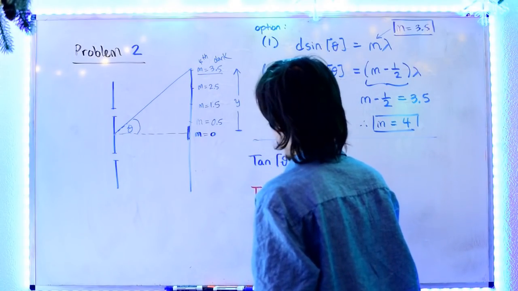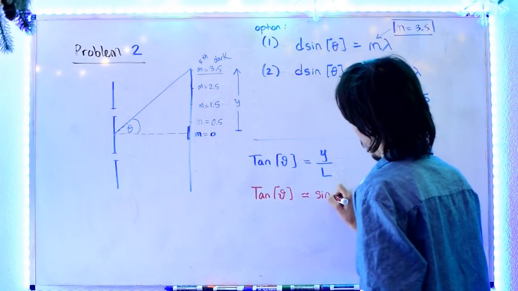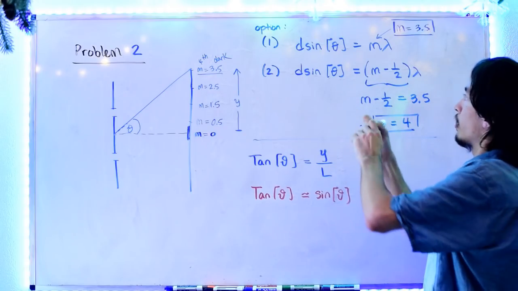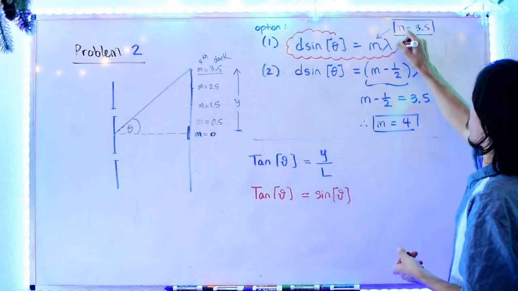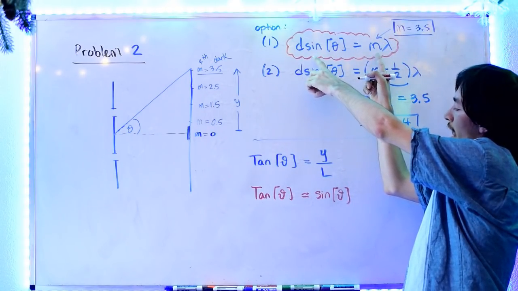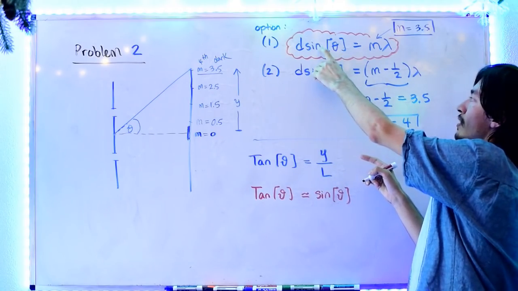So in other words, tangent of theta is approximately equal to sine of theta, so we can take the top equation. I prefer just using the top equation. I'm going to drop y over L in place of sine of theta.